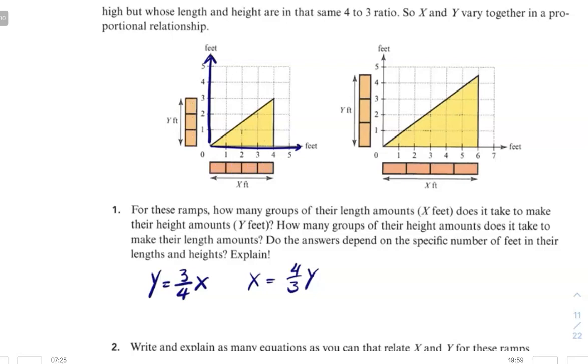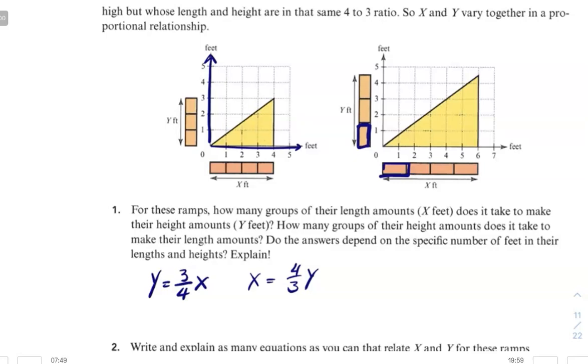Do the answers depend on the specific number of feet in lengths and heights? We didn't even look at how long everything was. We were just looking at the fact that these rectangles were the same length, and they were relating one length to the other. So it does not depend at all on the specific number of feet in lengths and heights.